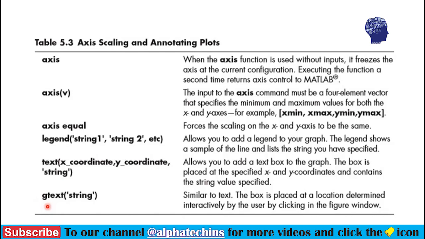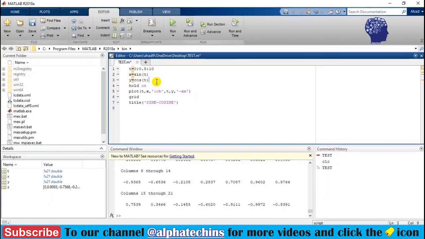Now we will see how to use these functions. So after this function, I will add the axis function. In the round bracket, I will add the square brackets. Now I will first add the x minimum value, which should be -1, for example, and the x maximum should be 11.